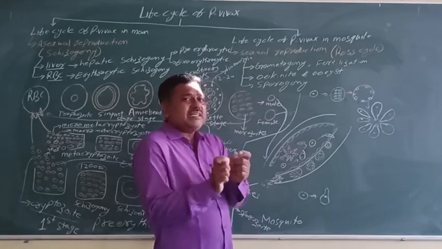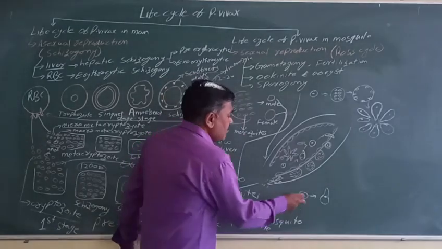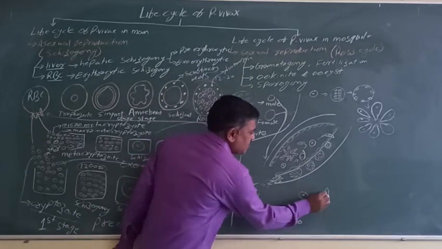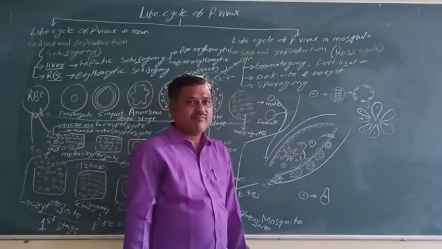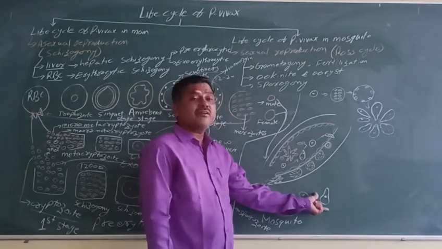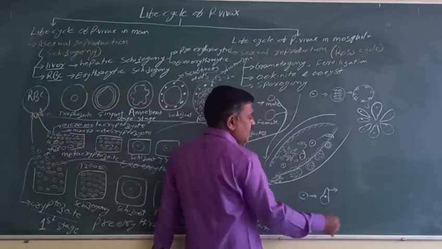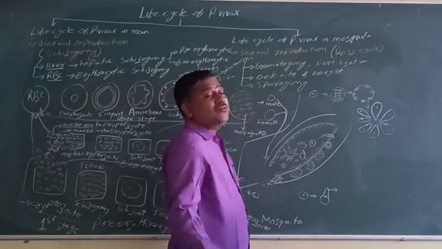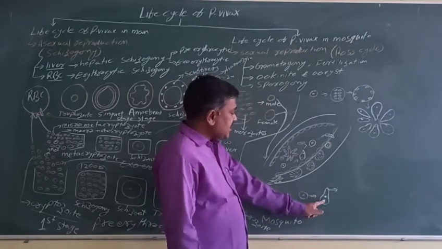The nucleus from the center moves towards one periphery, and the membrane and cytoplasm move upward, so there is a formation of a cone-like structure. This cone-like structure that is formed is called a fertilization cone.